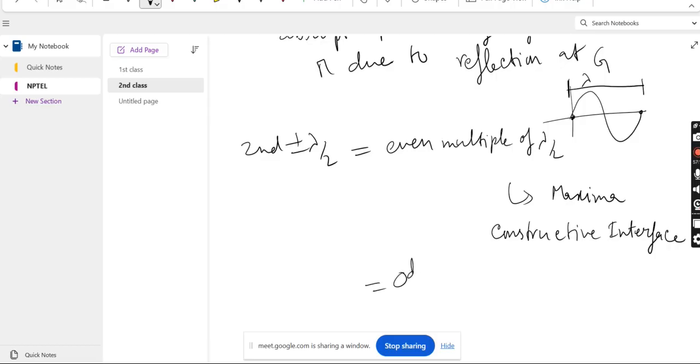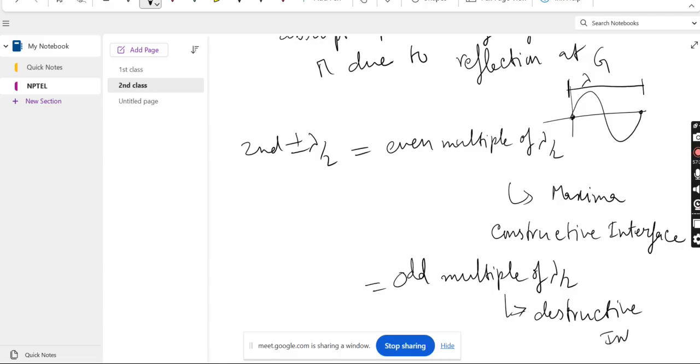Or if it is an odd multiple of lambda by 2, then it is making destructive interference.